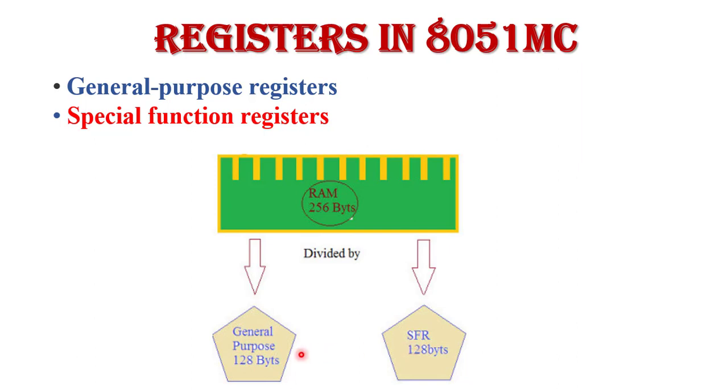The memory used for general purpose is called RAM, and the memory used for special function registers contains all the peripheral related registers like the accumulator register, B register, timer register, counter, and interrupt related registers. This type of register has some special function associated with it, and is basically used to perform some control operation in the 8051 microcontroller.